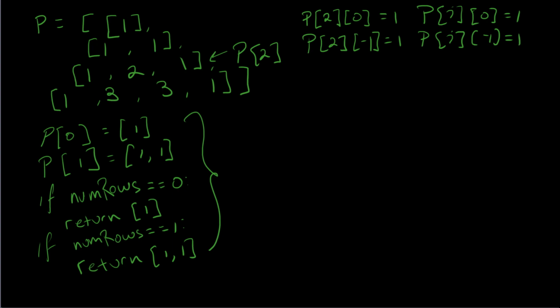But what about non-trivial elements, we could call this J? P at any I, well, we'll keep it at 2 for now, for some J. Let's do P at 2, this third row, for 1.